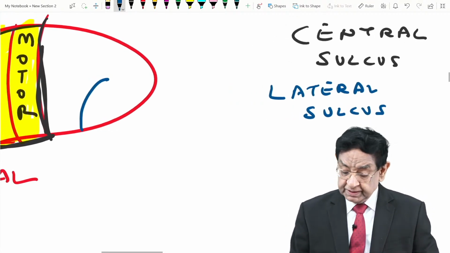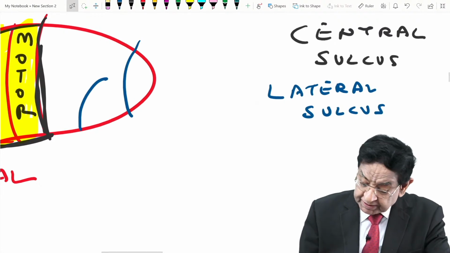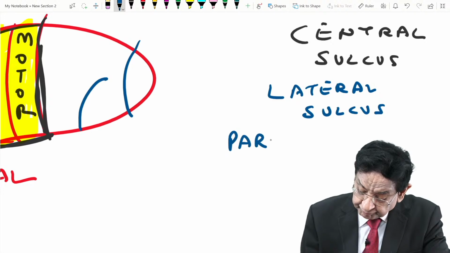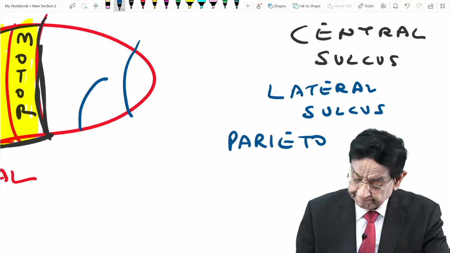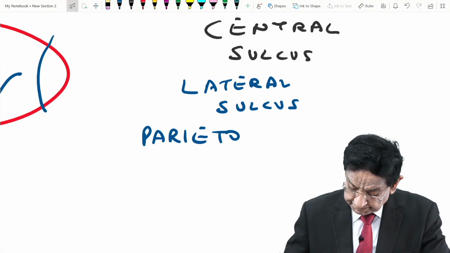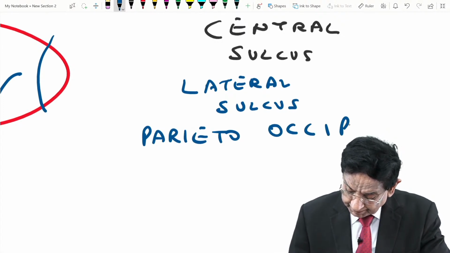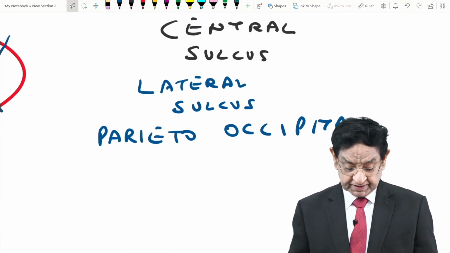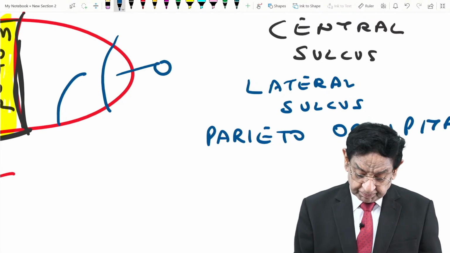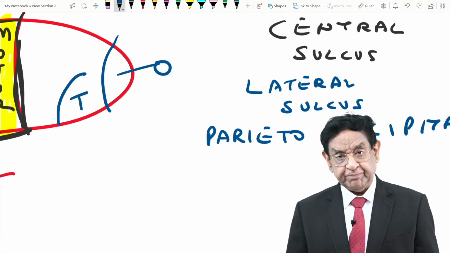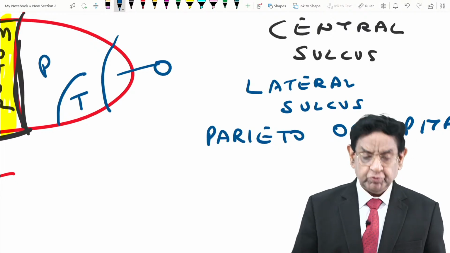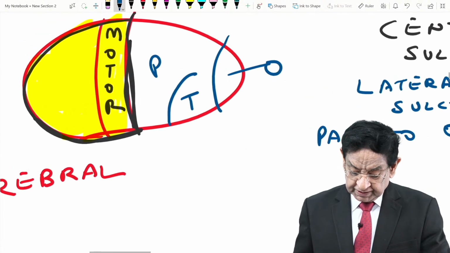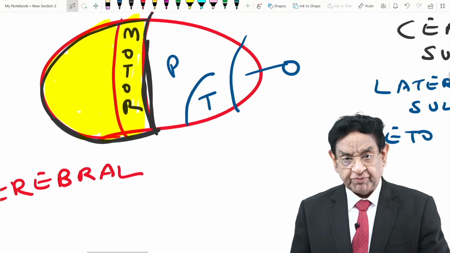This is the parieto-occipital sulcus. This is the occipital lobe. This is T for temporal lobe and P for parietal lobe. Too simple at your level. You are all learned people. So, as of now, we'll talk about the frontal lobe.